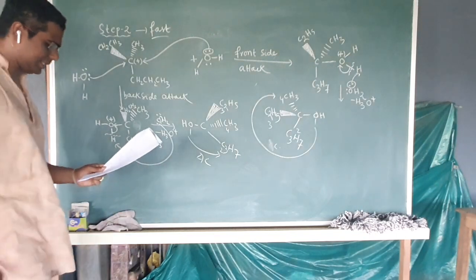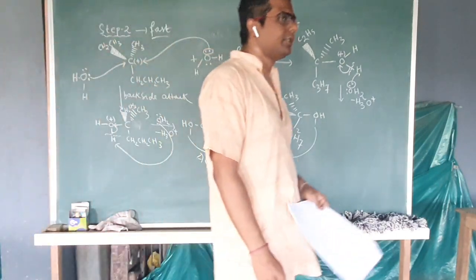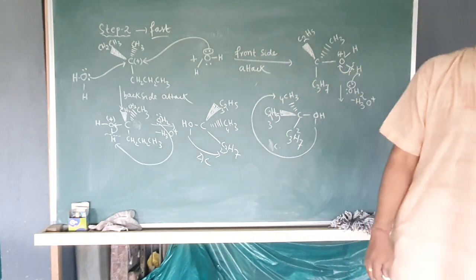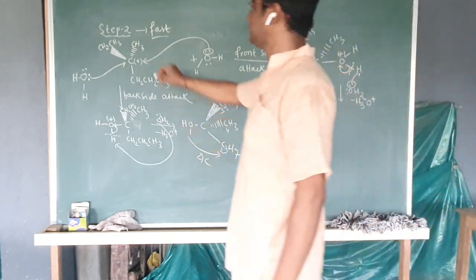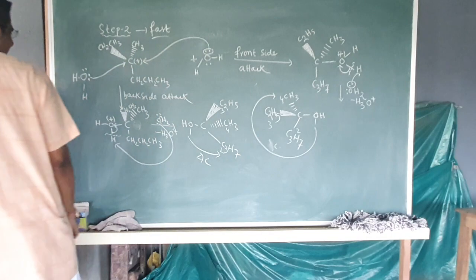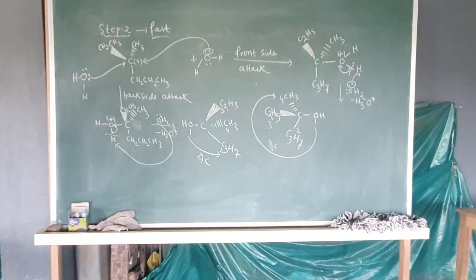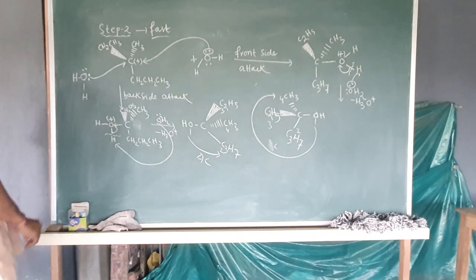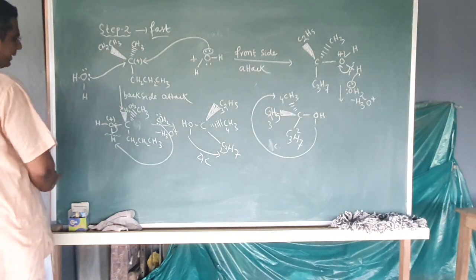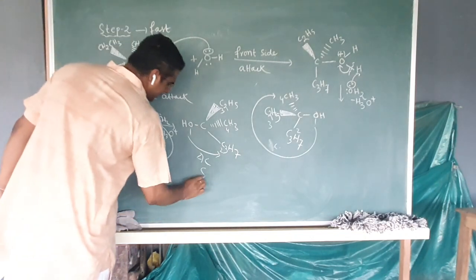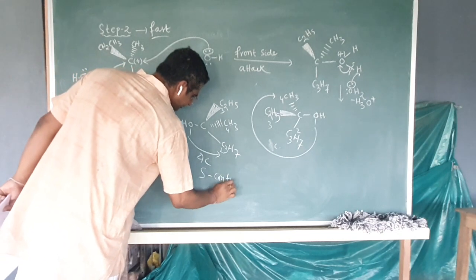What configuration? S configuration. So here what is happening, this was an R isomer, the halide is going to form an S configuration. R configuration changes to S configuration. So in case of backside attack, we are getting S configuration.